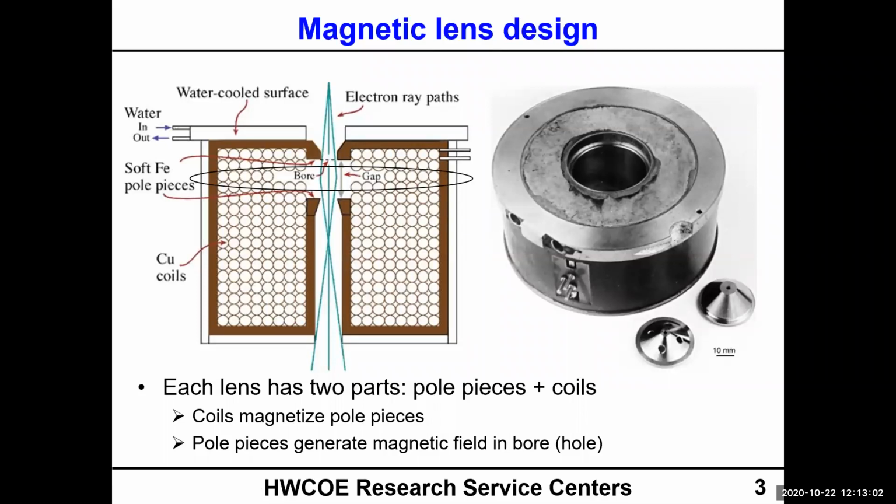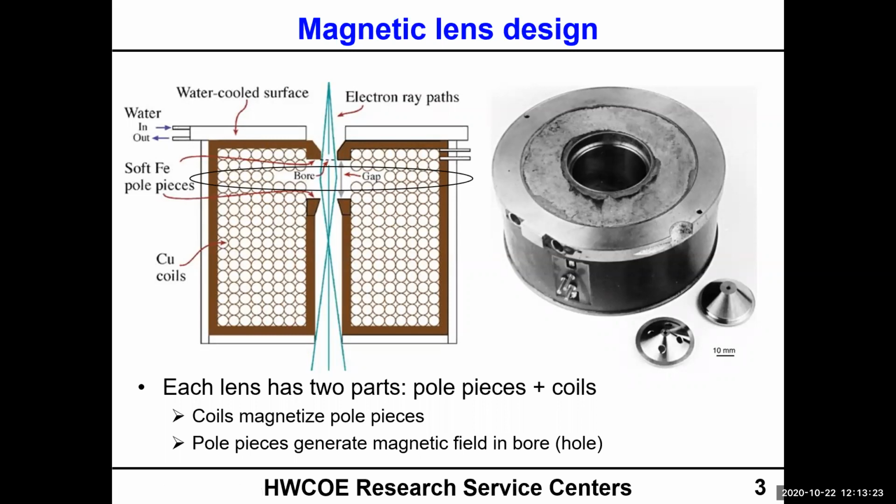You pass a current through that copper wire, and as we all know, when you pass a current through a wire, there's a magnetic field associated with that, and that magnetizes these pole pieces. That's what generates the magnetic field that is used as the lens.